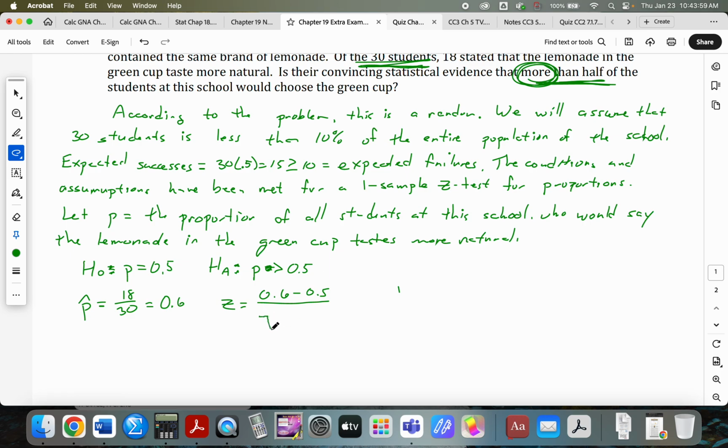So our standard deviation is the square root of 0.5 times q, which will also be 0.5, over 30. And this comes out to be 1.095.